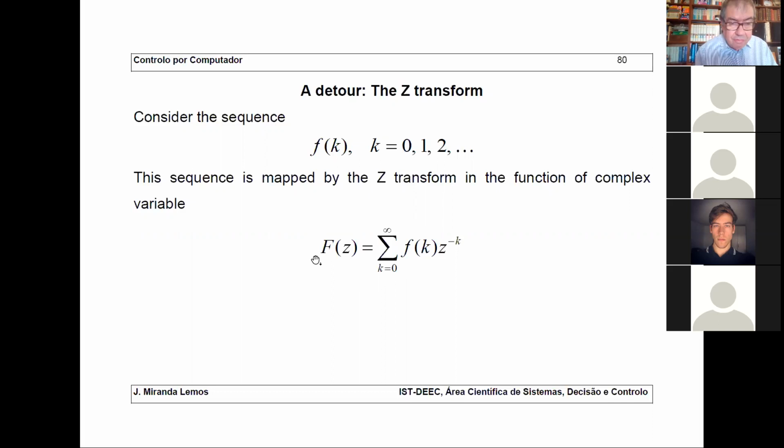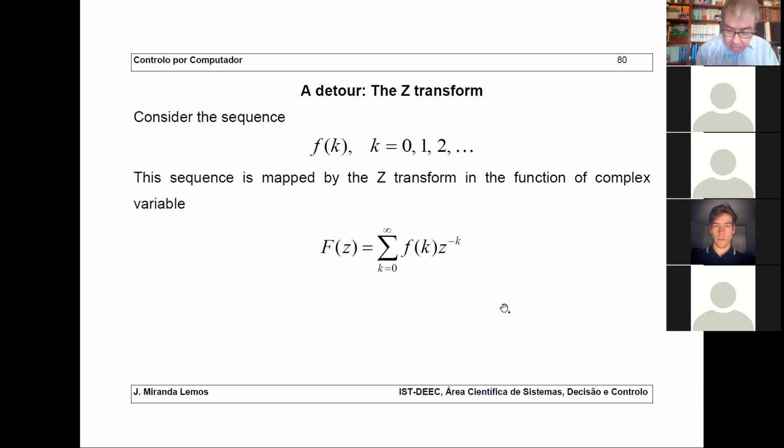And the definition of capital F of z, which is the z transform of the function f of k, is this one. You have this series, a summation between 0 and infinity of f of k, z to the minus k. So in PDS, you had summation between minus infinity and infinity.